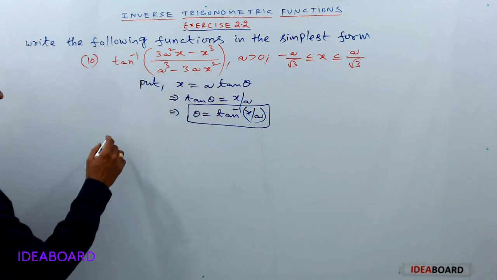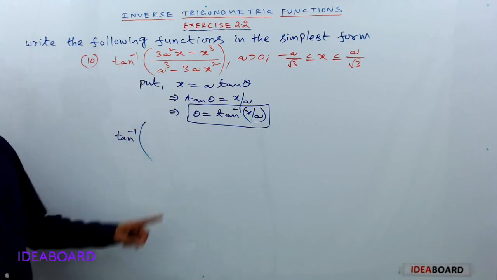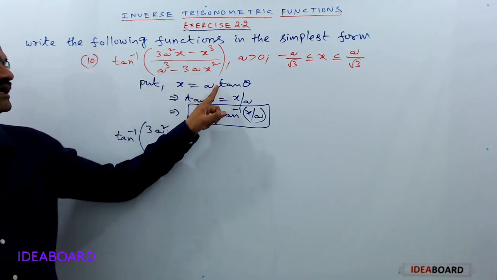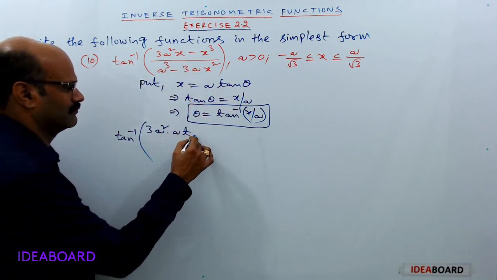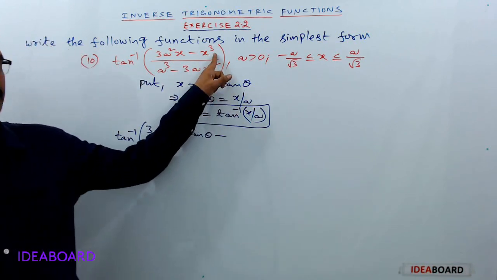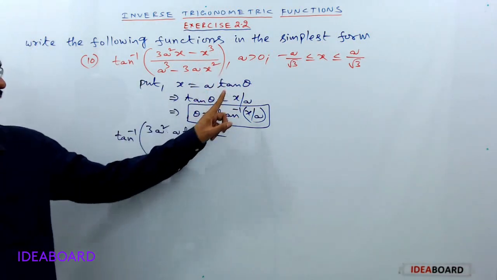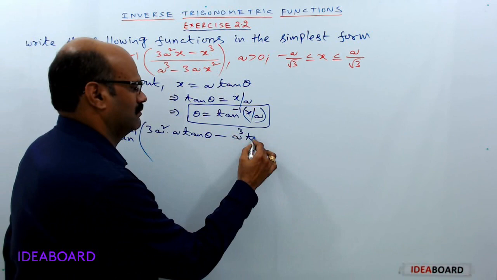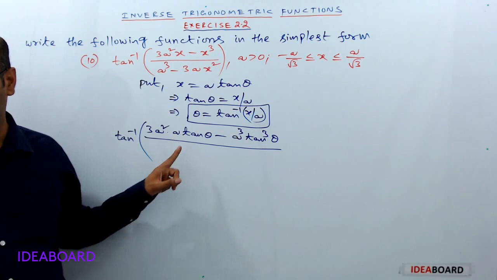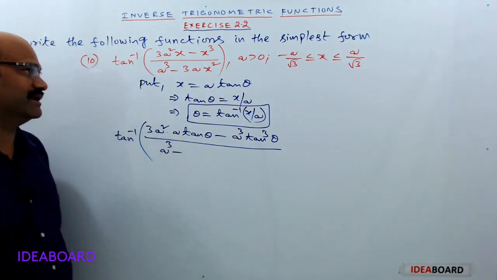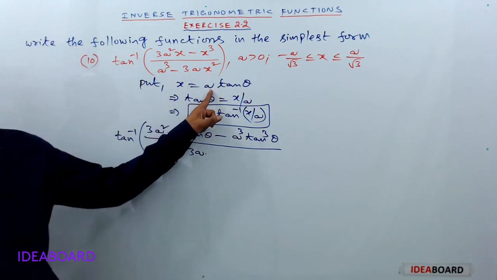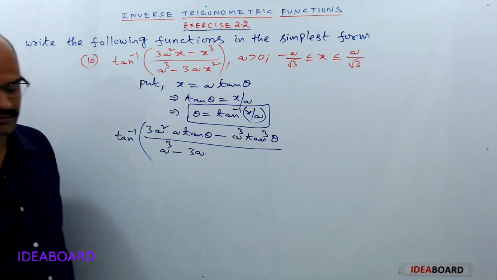Then the given problem becomes tan inverse of 3a square x, with x equal to a tan theta, minus x whole cube, with x equal to a tan theta. So it becomes a cube into tan cube theta upon a cube minus 3a into x square, with x equal to a tan theta whole square.